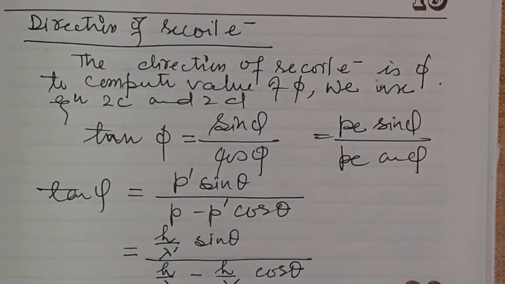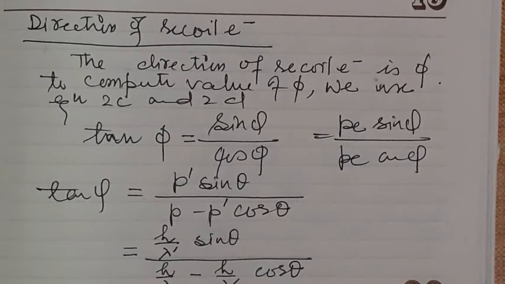Similarly, the direction of recoil can also be computed with the help of equations 2c and 2d. I have discussed these equations in the previous lecture.